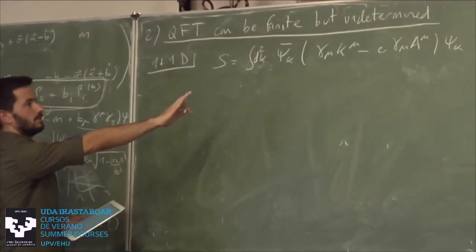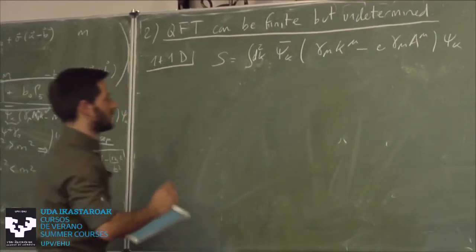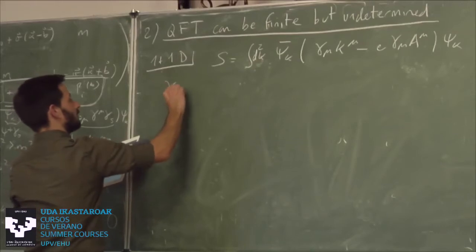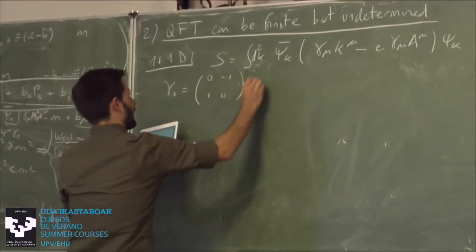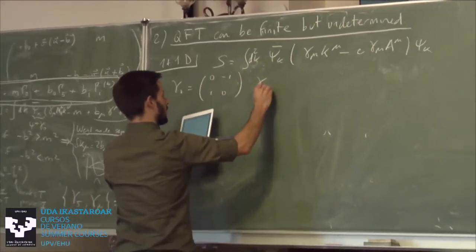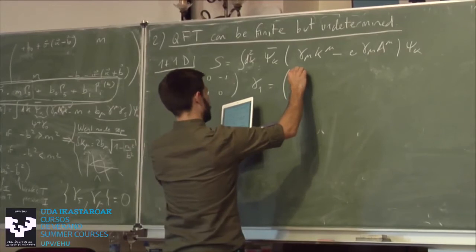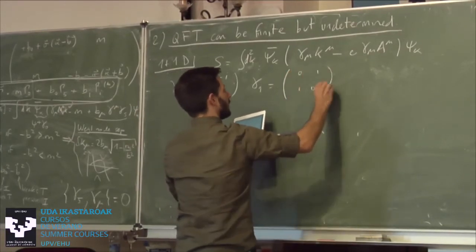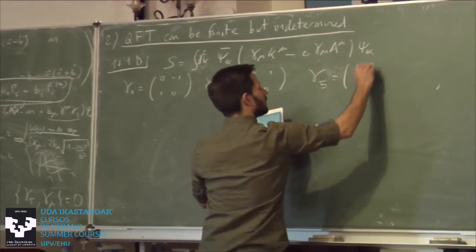So what is this? I could define the matrices if you want. I just have one temporal direction, one spatial, and there's one gamma 5 matrix.